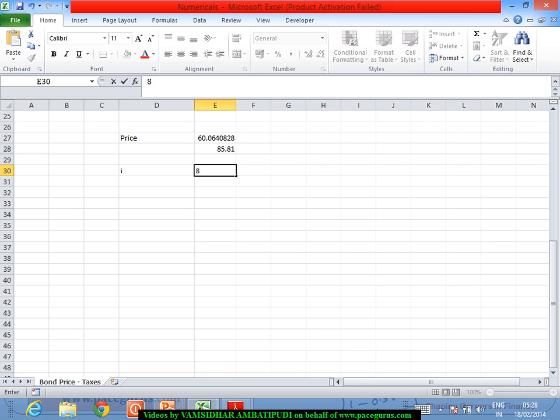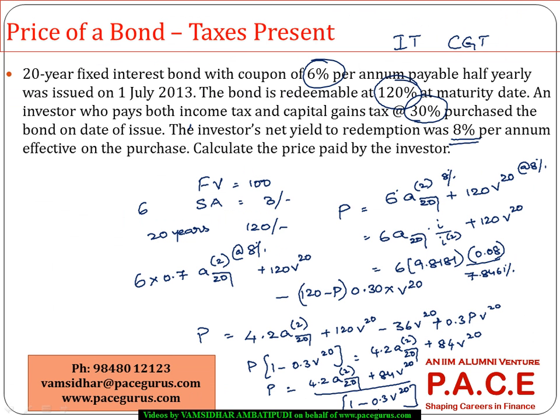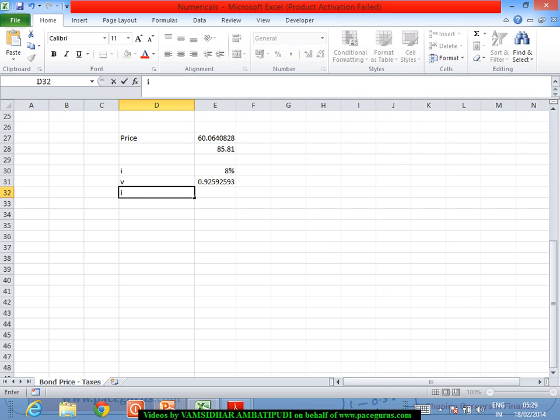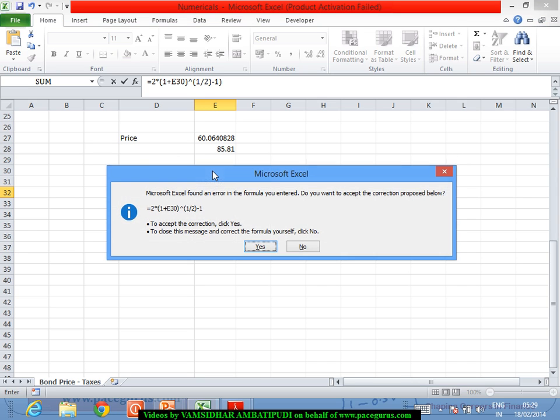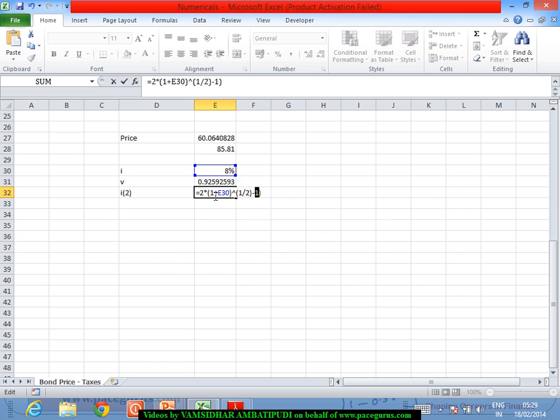Let me work it out. i is 8%, so v will be 1 divided by 1 plus i, so v is 0.9259. i(2) I also require. i(2) is nothing but 2 times ((1 plus i) to the power half minus 1). So this is the value of i(2), working out to 7.85%.